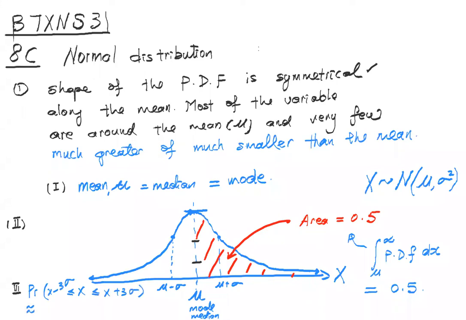Almost equal to 1. So I'm almost 100% sure that all the data will be within 3 standard deviation away from the mean. So the graph usually fades off at the point whereby it's 3 standard deviation away. So that is how we sketch the graph.